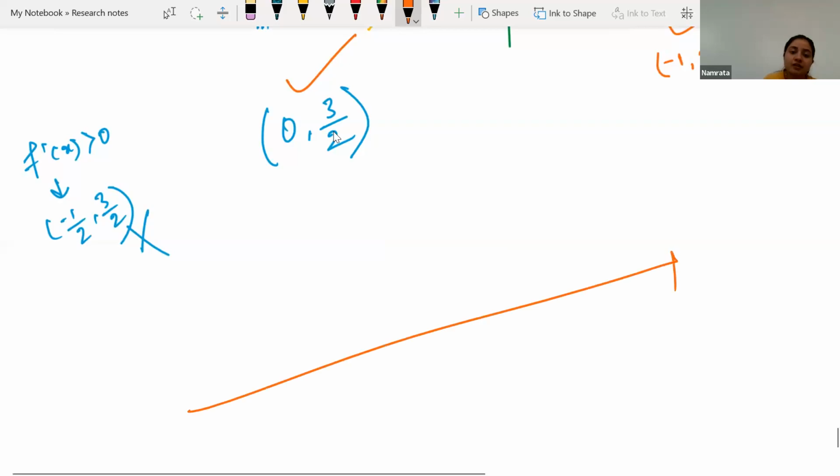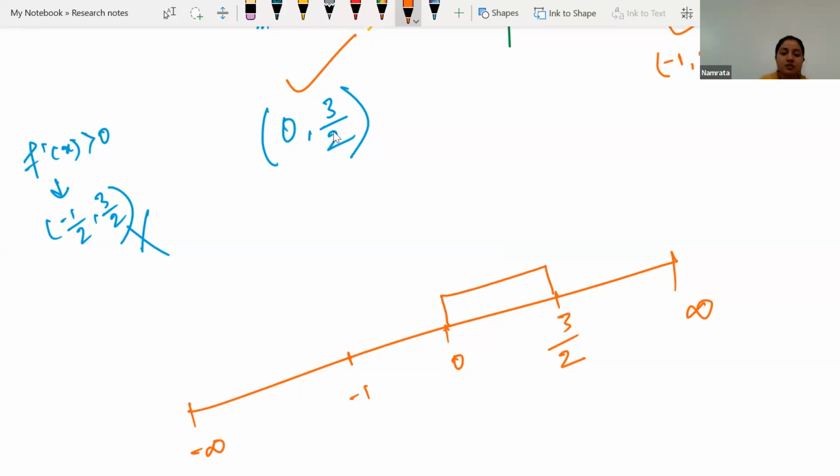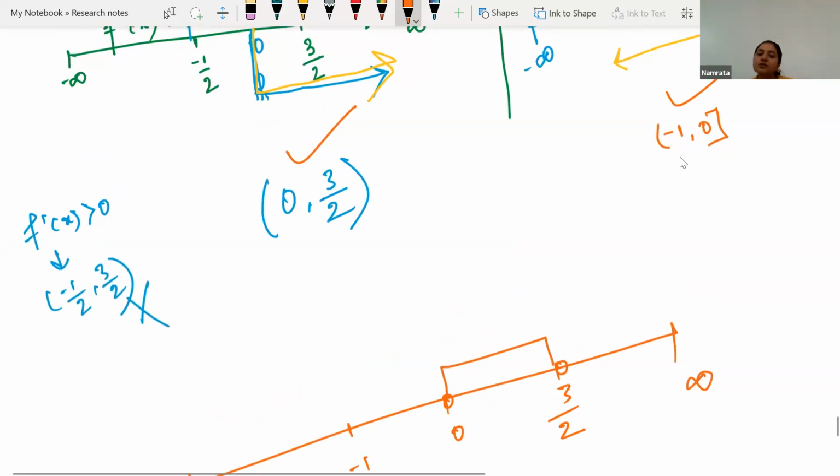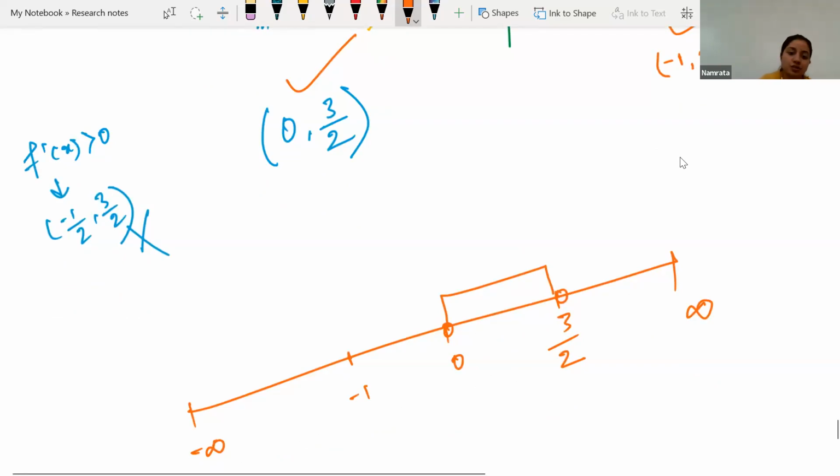So let's mark it. We are having the real line, -infinity, infinity, 0 is there, 3/2 is there, -1 is there. So 0 to 3/2 is one of the intervals we have got from the first one, and from the previous one we have got -1 to 0, open interval.